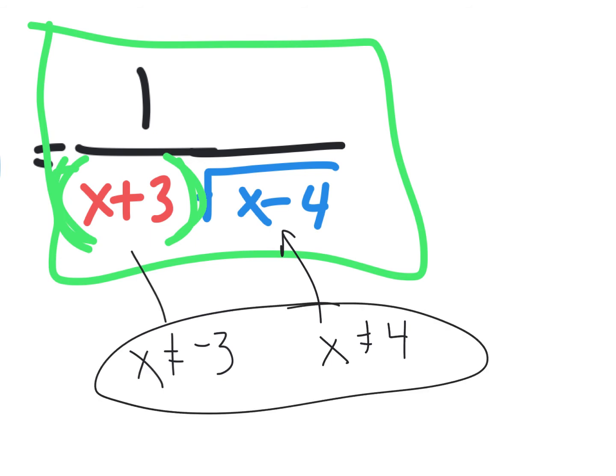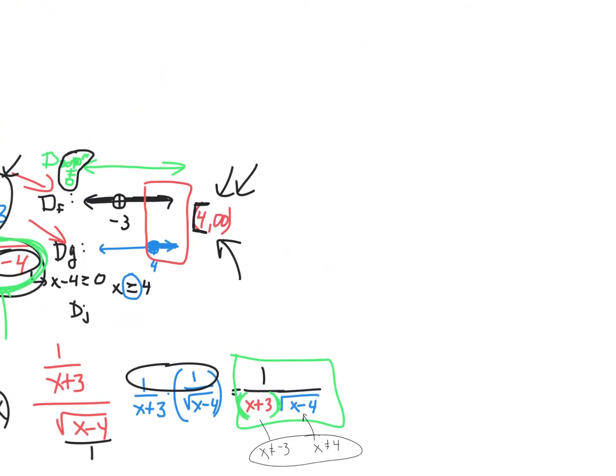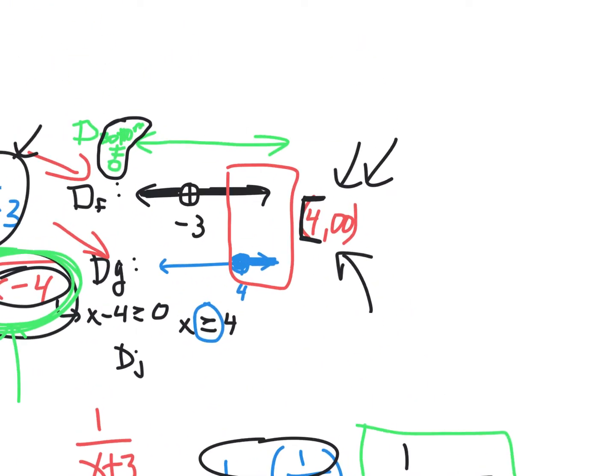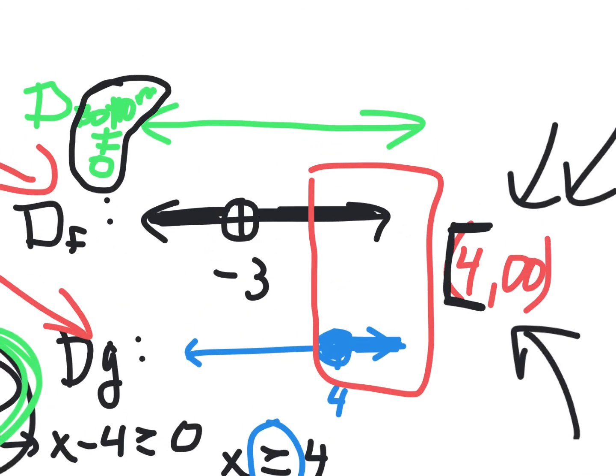Whatever makes the g function, the bottom of your function, 0. So I'm going to go up and put that. It can't be negative 3, sorry. And 4 would also be a problem. So it can't be 4. But it could be anything else, and it won't make the bottom 0 except for those two numbers.